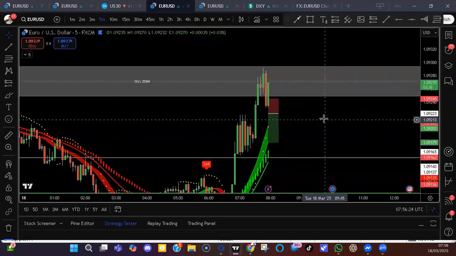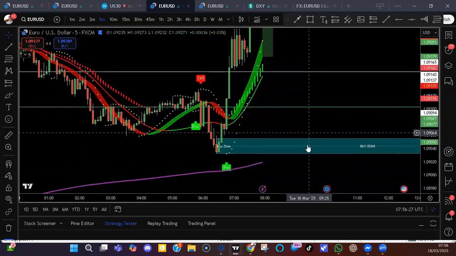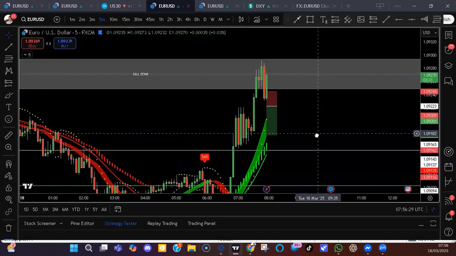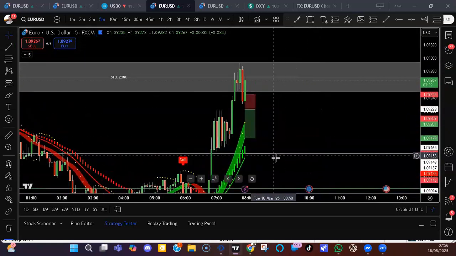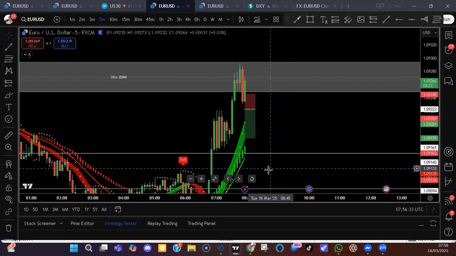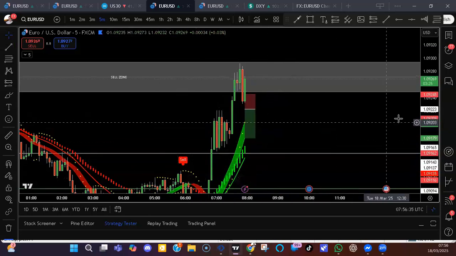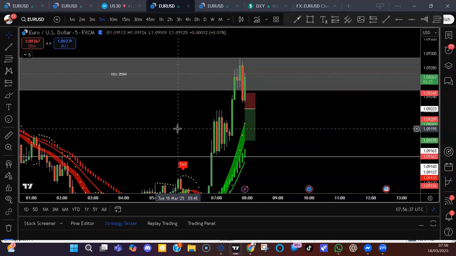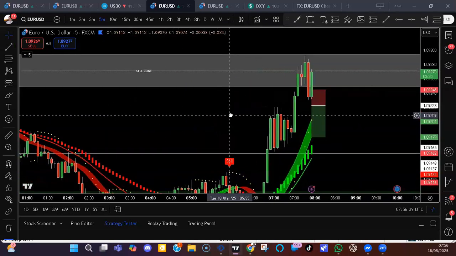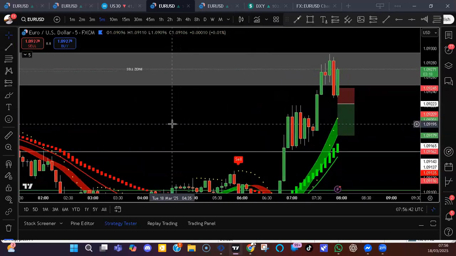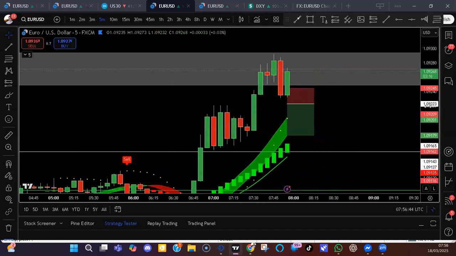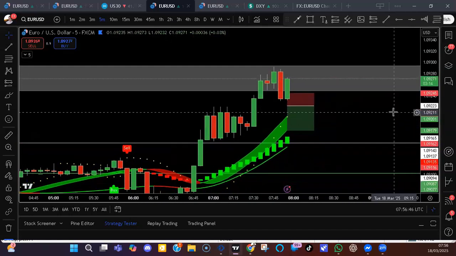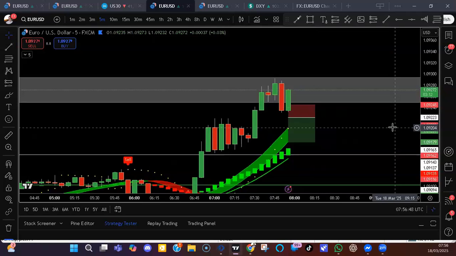As you can see, there is the sell zone. Got a buy zone down there. These lines here are important support and resistance lines that are drawn up. They're lines of interest if price gets down to those levels, to reassess your trade or reassess everything you're thinking about and have another look.